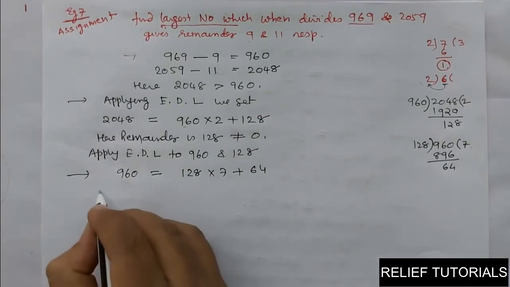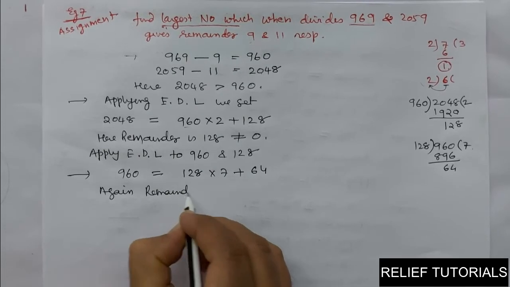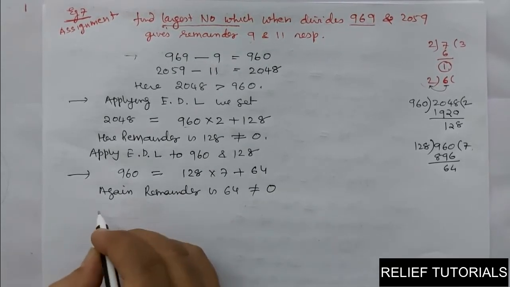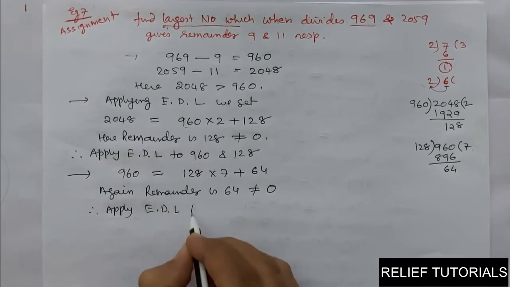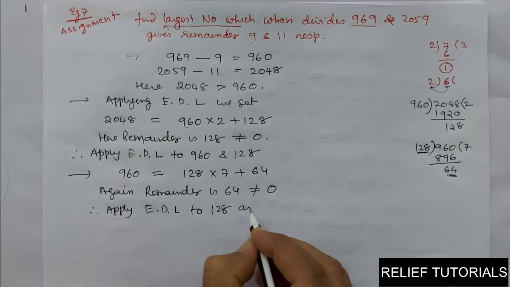Clear? So again we can say remainder is 64, which is not equal to 0. Okay, so therefore apply Euclid division lemma to this divisor and remainder, 128 and 64.